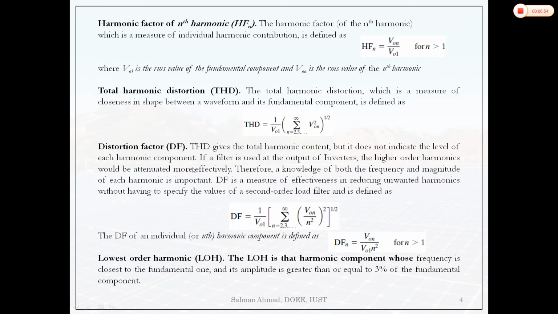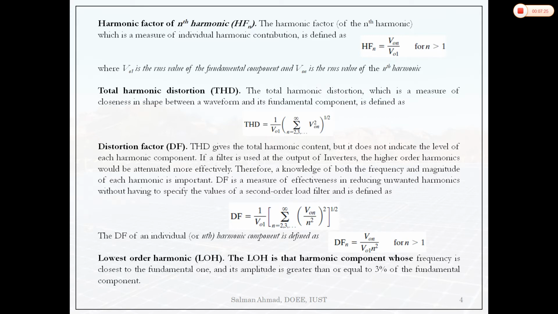Similarly, we have the distortion factor. THD gives the total harmonic content, but it does not indicate the level of each harmonic component. If a filter is used at the output of the inverter, the higher order harmonics would be attenuated more effectively. Therefore, knowledge of both the frequency and magnitude of each harmonic is important. Low order harmonics are complex to filter and require a larger size filter.